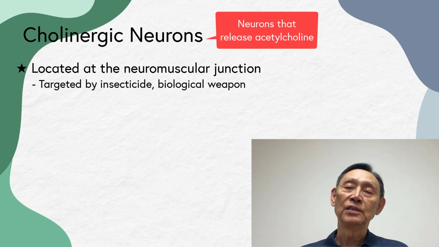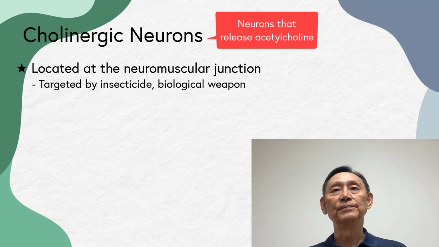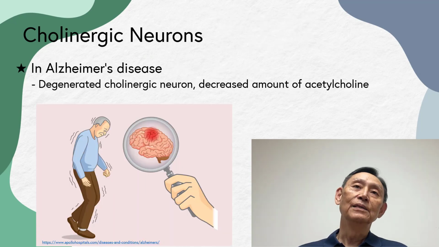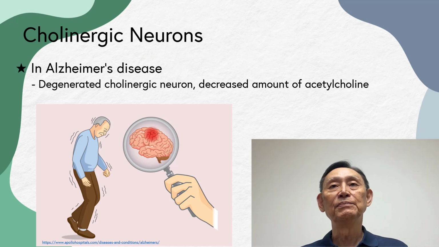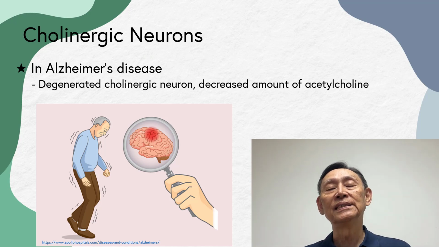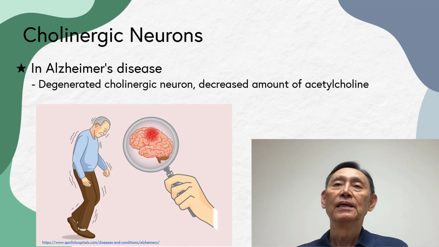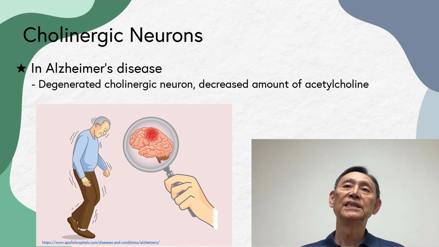A lot of biological weapons also target the neuromuscular junction. In recent years, Alzheimer's disease patients seem to have fewer cholinergic neurons and less acetylcholine in the central nervous system. So the central cholinergic neurons may be involved in this disease as well.